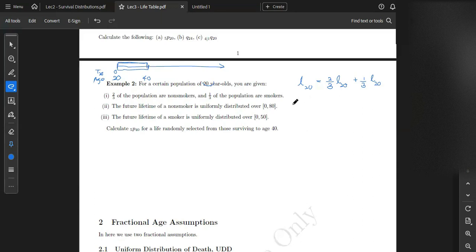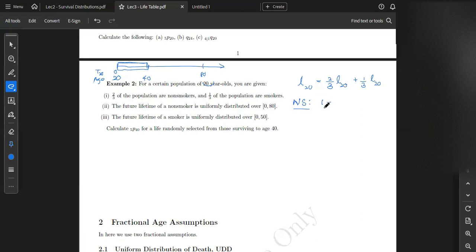For non-smokers, I'll use NS. So from 0 to 80, they have the future lifetime distribution. And out of that, they have consumed 20 years.